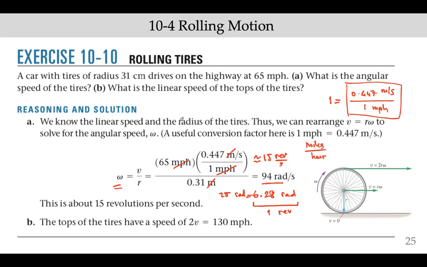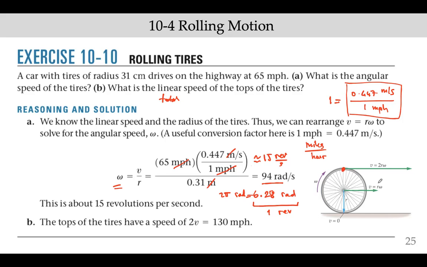Now, the second part of the question is, what is the linear speed? Here, it means the total. Total includes the contribution from the rotation and the translation. What is the linear speed of the top of the tire? So what is the speed of the point at the top of the tire?